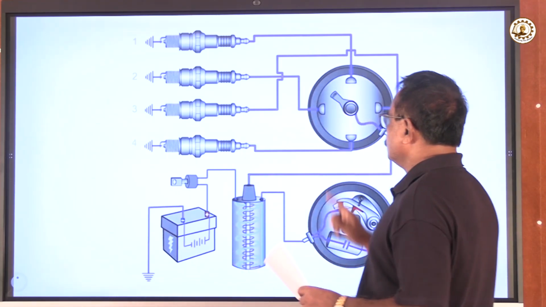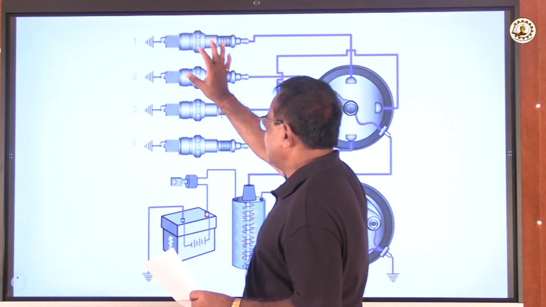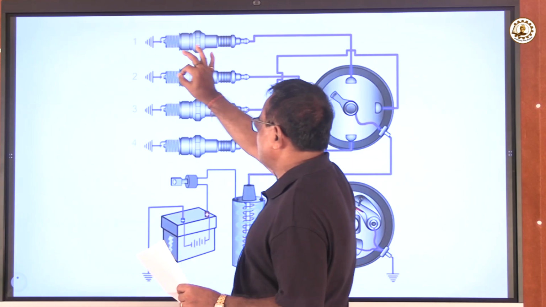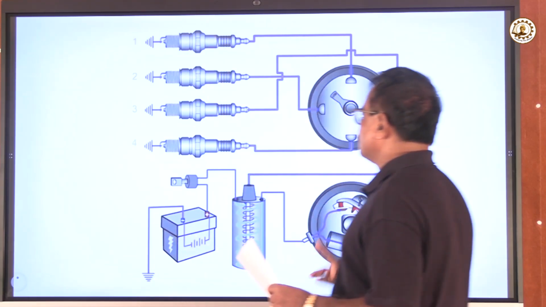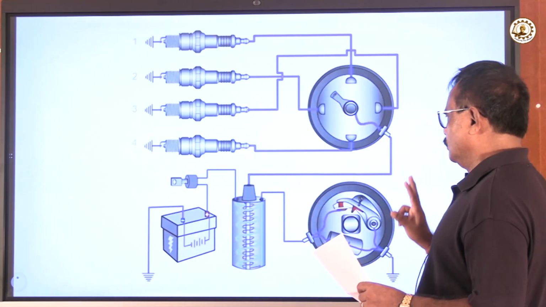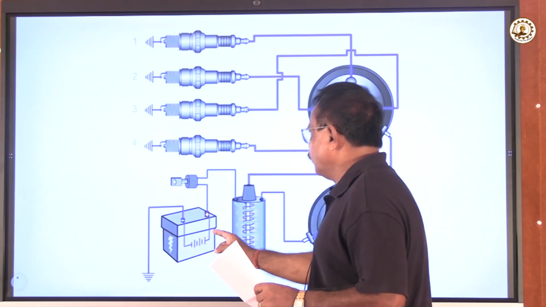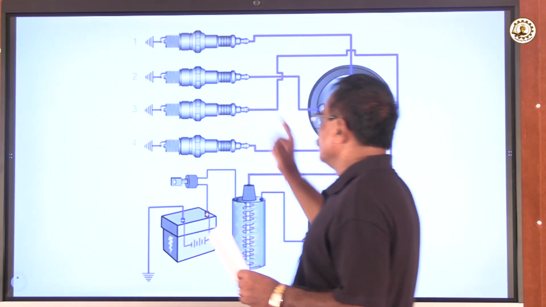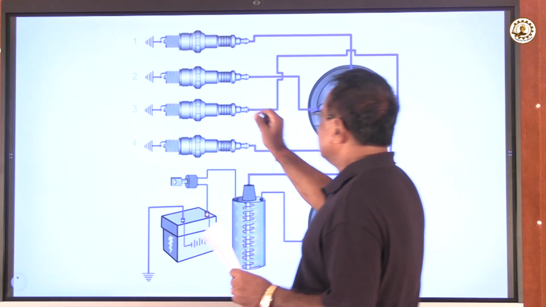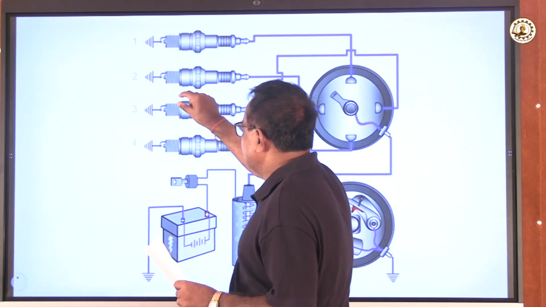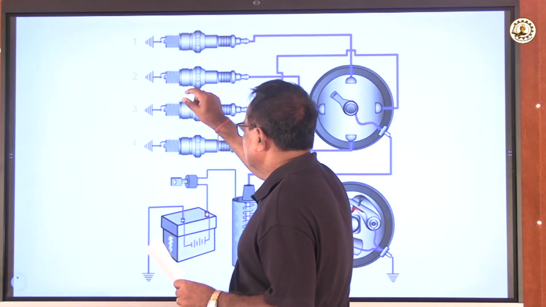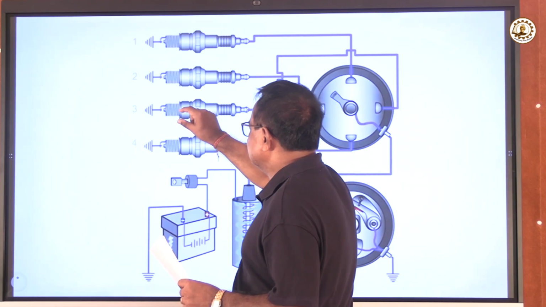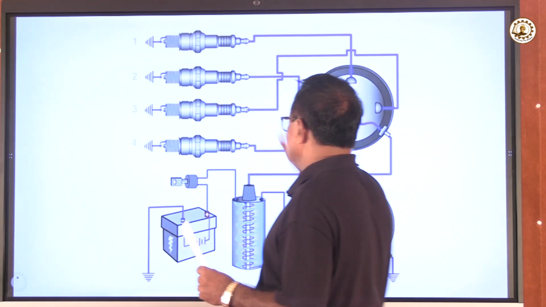Now to ignite the spark in the plug, we need 22,000 volt. So from 12 volt, we have to generate 22,000 volt so that the spark plug gives the spark, the fuel gets ignited and flame propagation can be done.